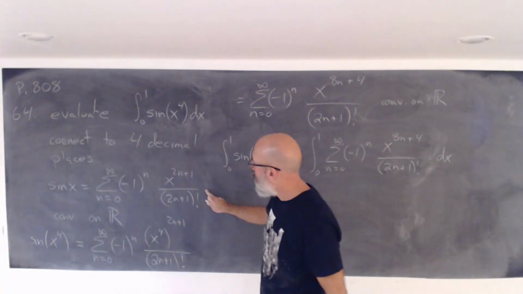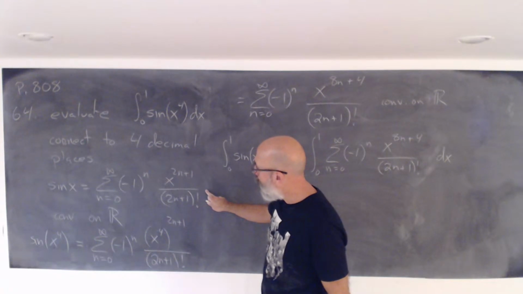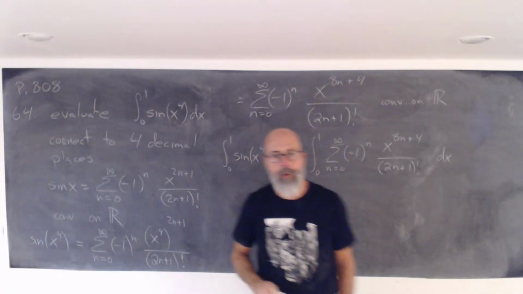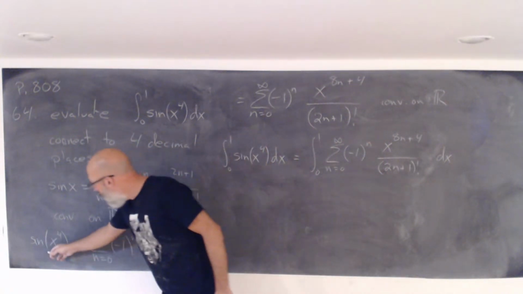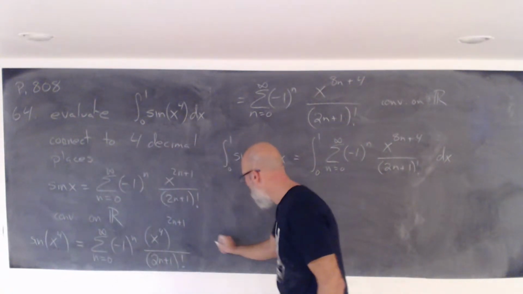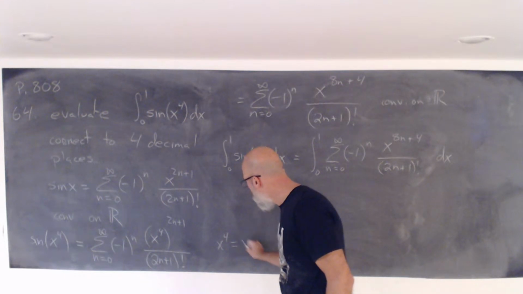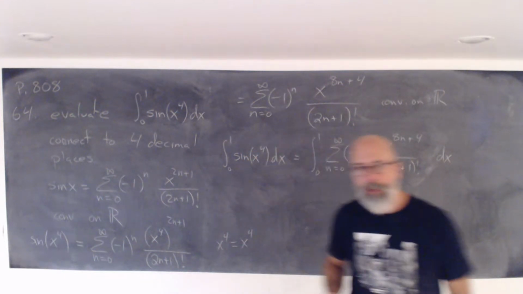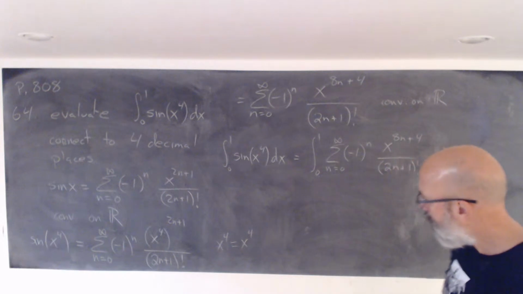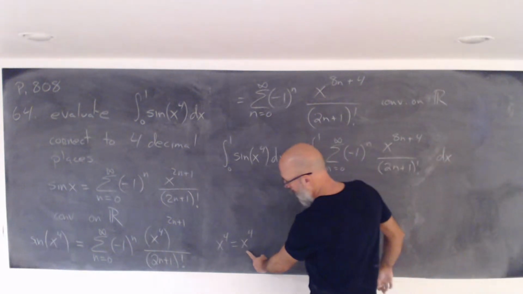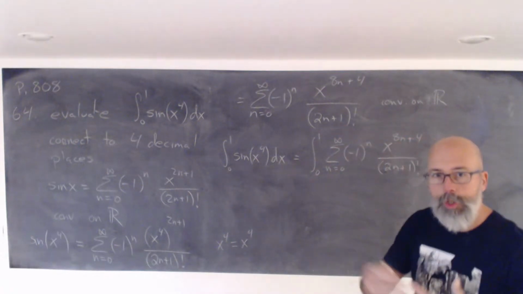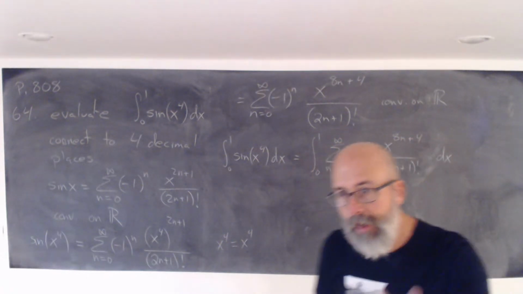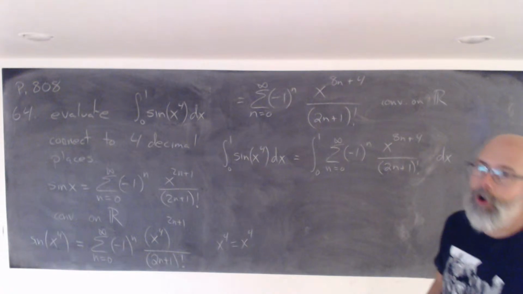The Taylor series representation for sine x converges for all values of x, right? Because x to the 4 is its own Maclaurin series. So this has interval of convergence all of R. This has interval of convergence all of R. So when you compose the two, you get interval of convergence all of R.